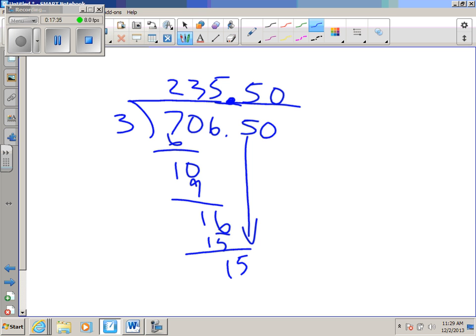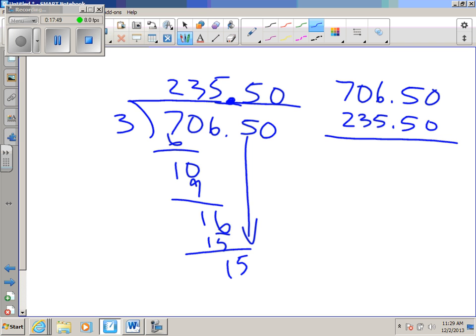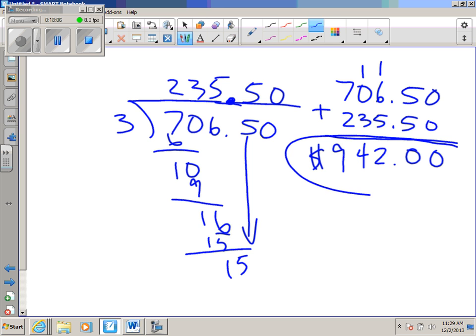So if they've already paid $706.50 for the first 3, they have to make 1 more payment of $235.50. Okay. So now we need to add them up. Total cost of their computer, $942.